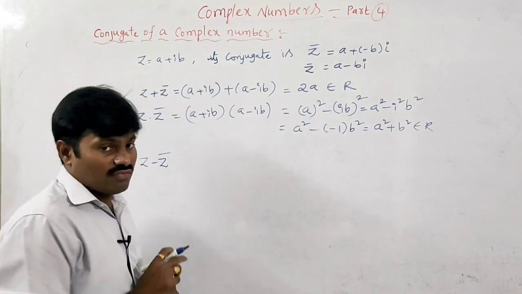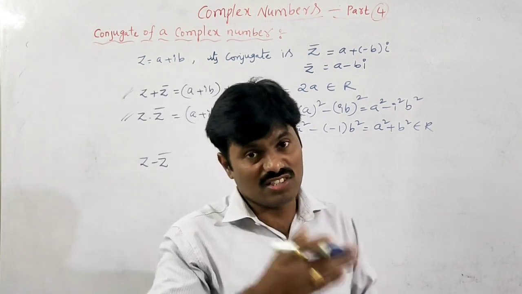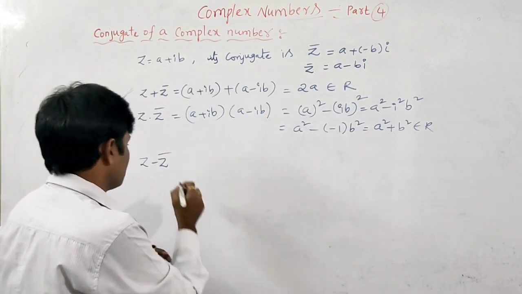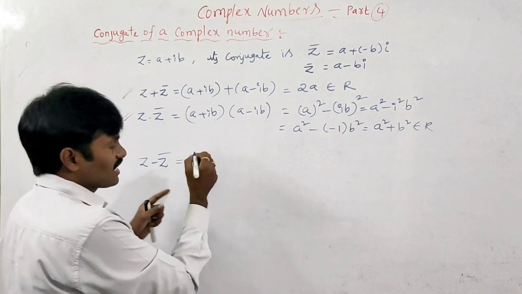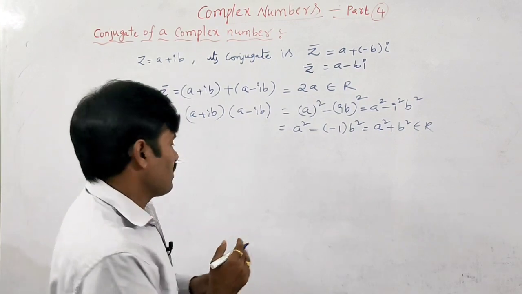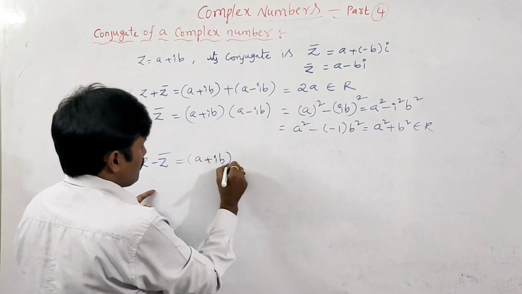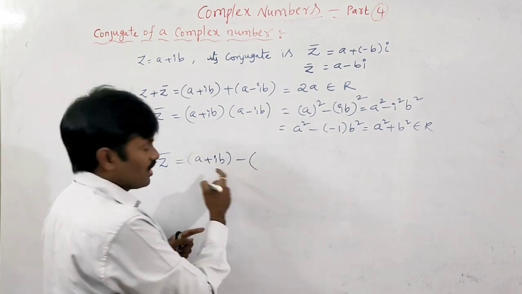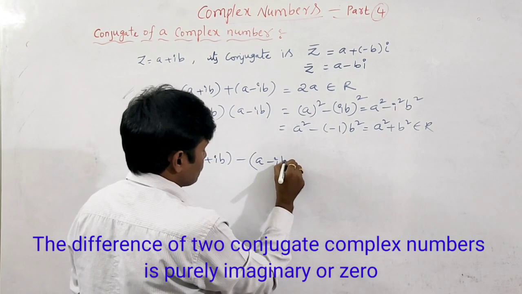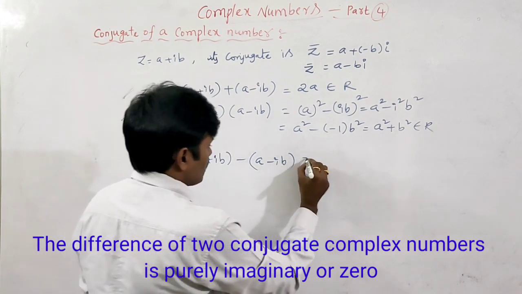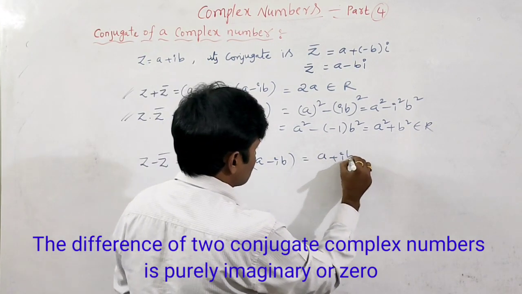Now the difference of a complex number and its conjugate, what will be the result? See, it is a purely imaginary number. Let us check. a plus ib minus its conjugate, which is a minus ib.